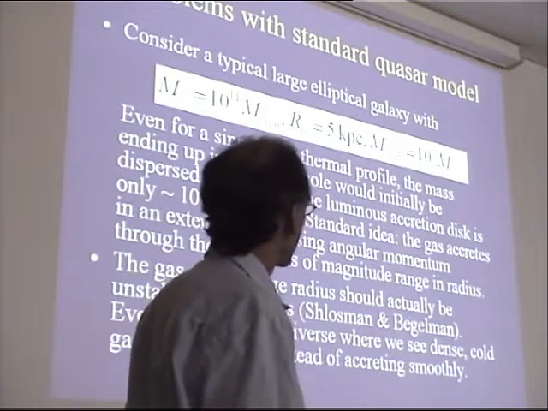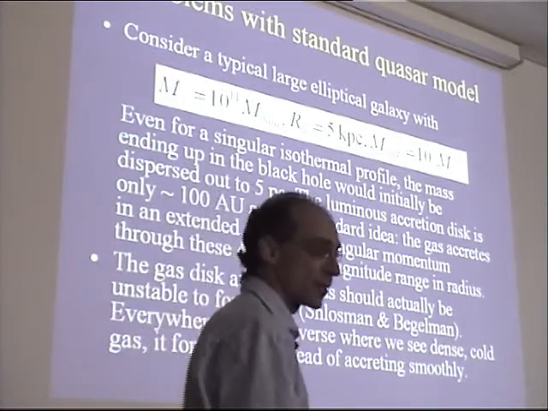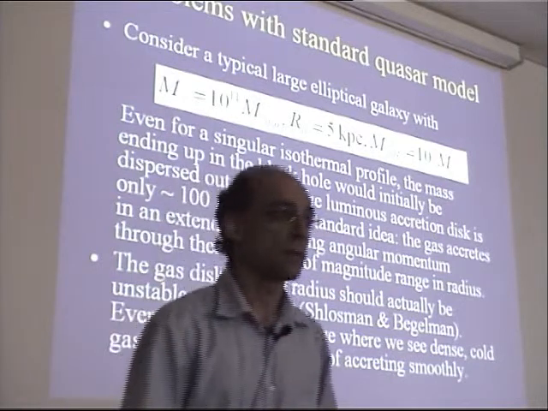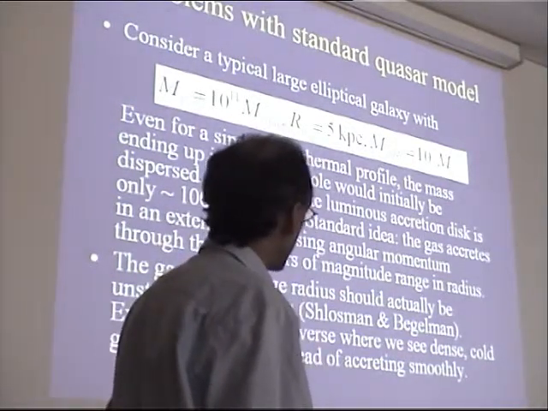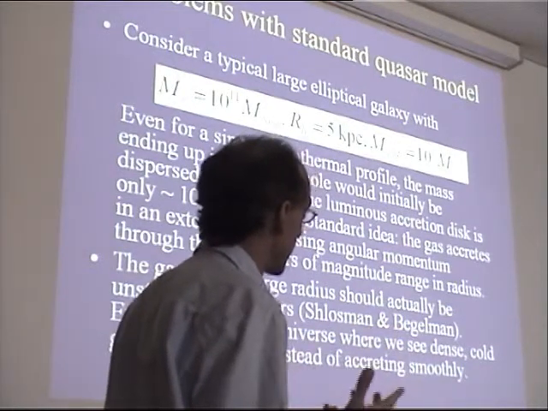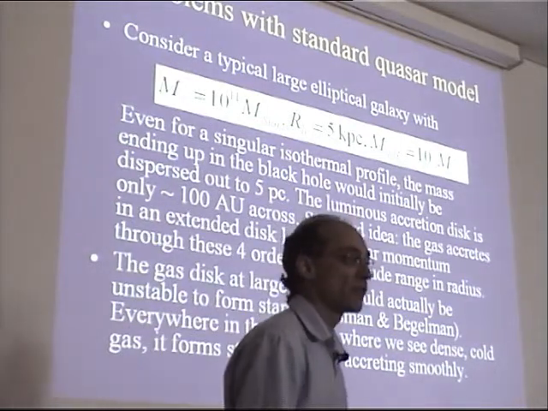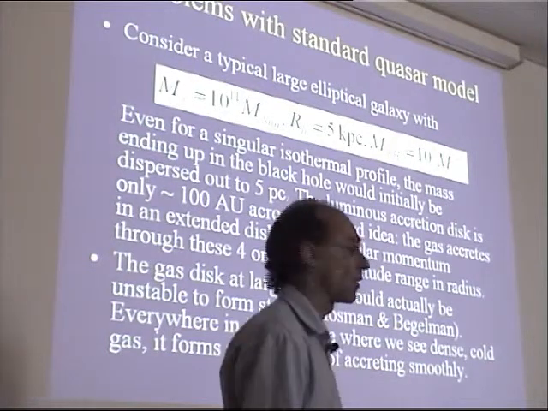This would be a galaxy with a velocity dispersion around 200 kilometers per second, and the half-light radius might be about 5 kiloparsecs, so half of the stars are within 5 kiloparsecs of the nucleus. Now, how far in would you have to go to have something like 10 to the 8 solar masses of material in this galaxy, a similar amount of material to what was required in order to grow this black hole to 10 to the 8 solar masses?